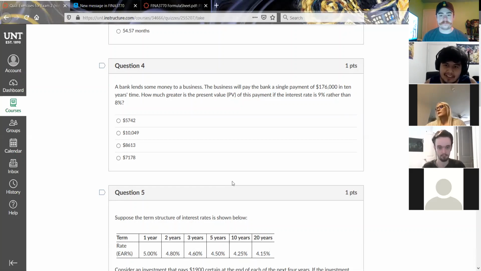This is just calculating present value, right? Yes, we're just calculating present value. If it's just one payment, does N equal 1 or does N equal 10?